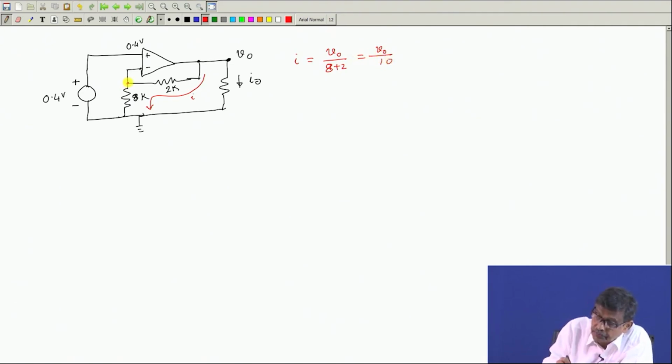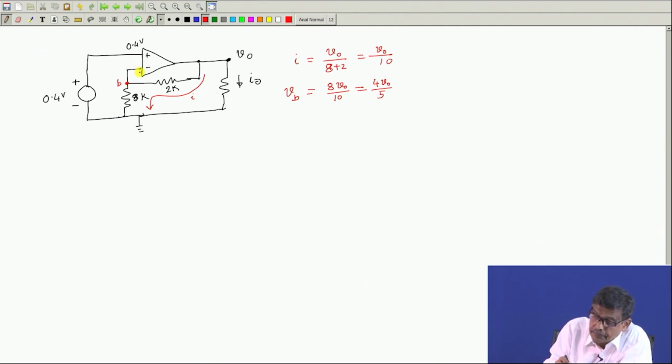Then what will be the potential of this point, point B, VB? It will be the voltage drop across 8K. So, 8 into V naught by 10, which is equal to 4 V naught by 5 volts.